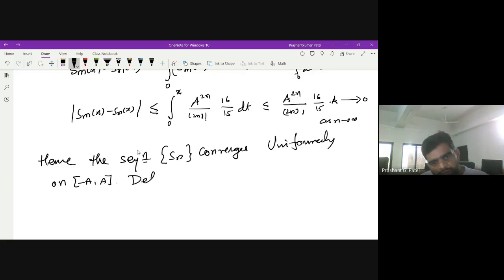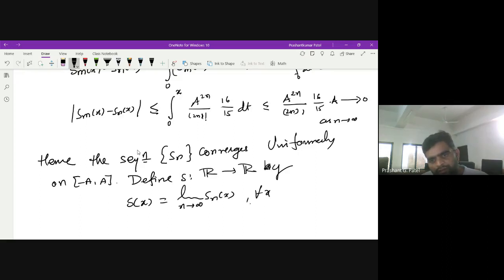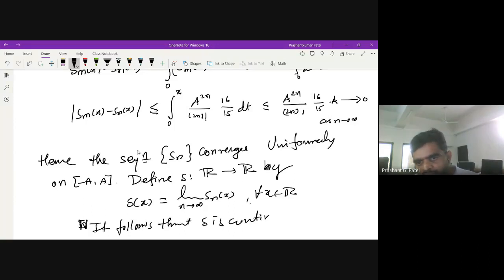Let us define S, which is defined from R to R by S of x is equal to limit of Sn of x as n tends to infinity for every x in R. Again, since each Sn is continuous because they are polynomials, S is also continuous. That we can easily state. We note that S is continuous. Why is it continuous? Because uniform convergence preserves continuity.